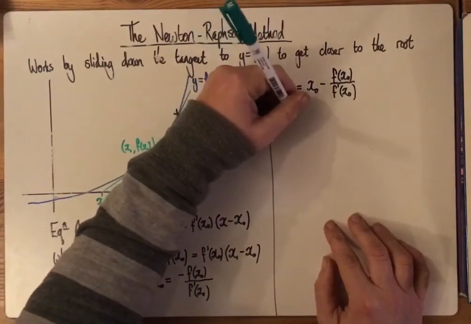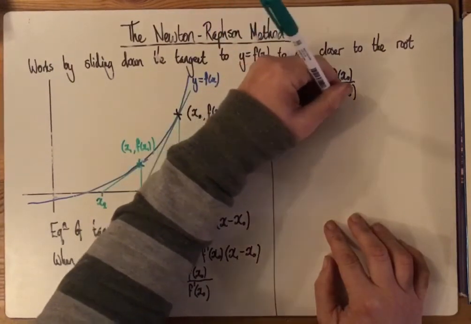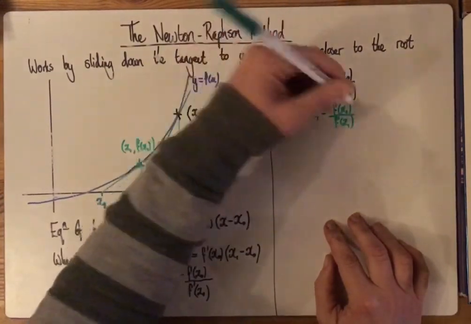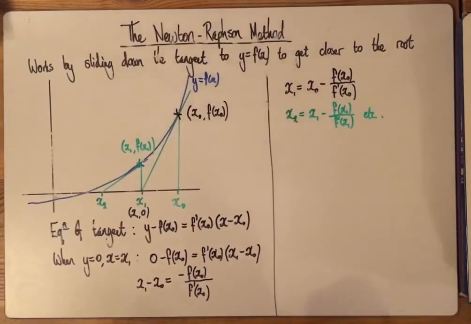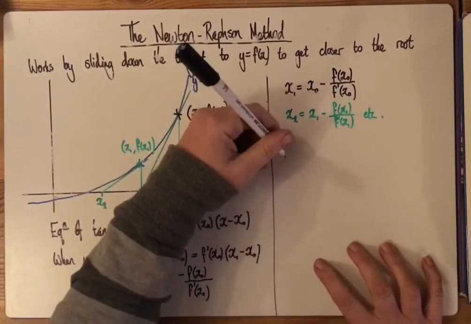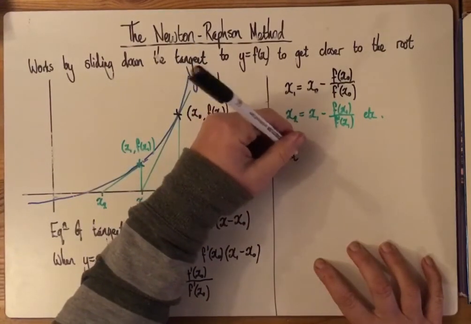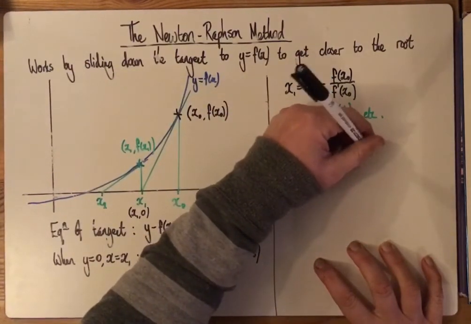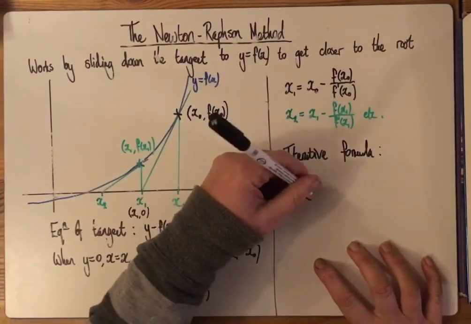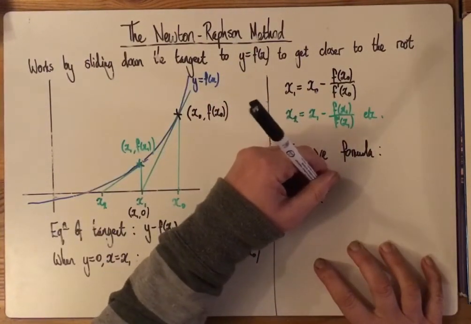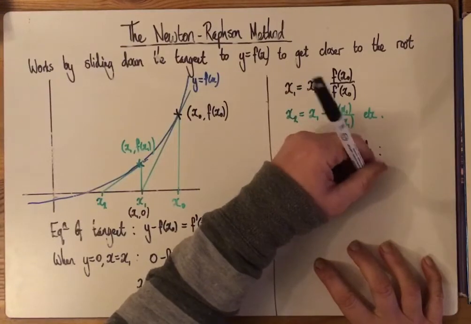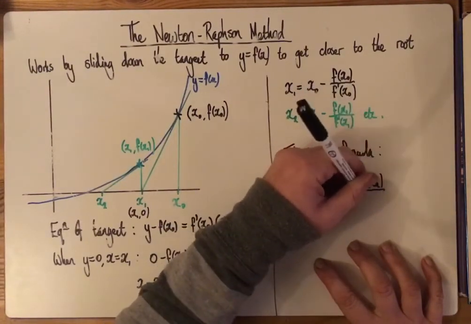So the next value along will be x1 minus f of x1 over f dash x1, etc. So this leads to the Newton-Raphson iterative formula, which is that x n plus 1, so the next x value along, is the one before it minus f of xn over f dash xn.